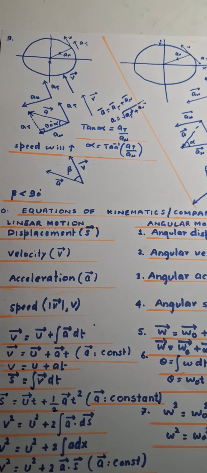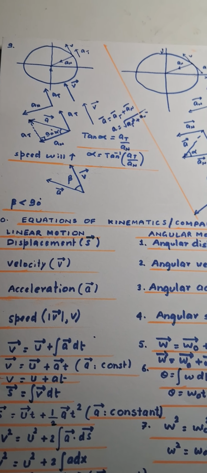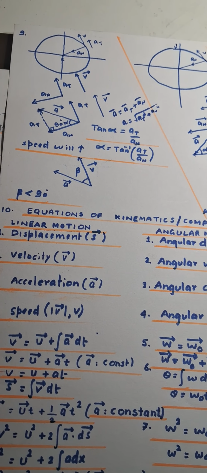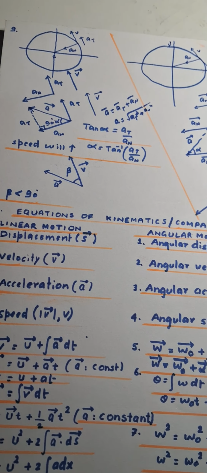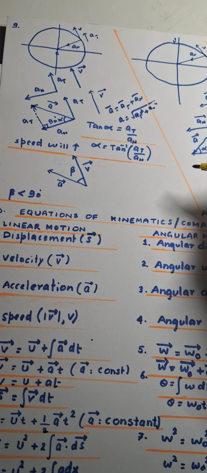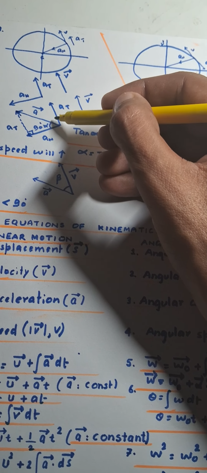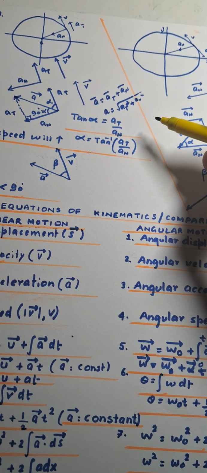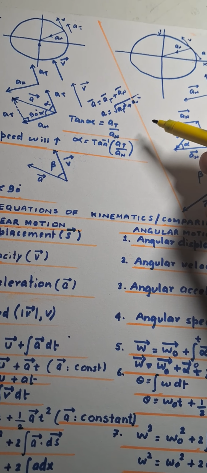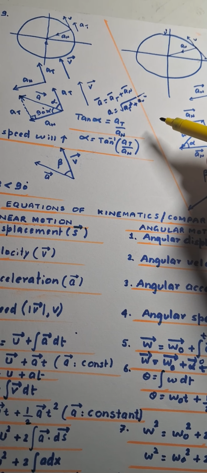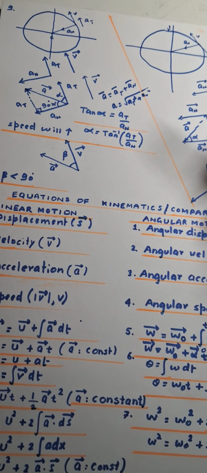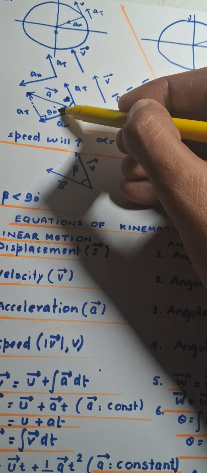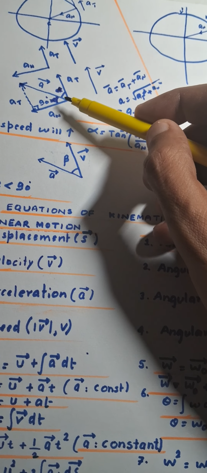Now the thing here is that in this case speed will increase. If we look for the angle alpha, this angle is alpha, which is the angle between the total acceleration and the normal acceleration.